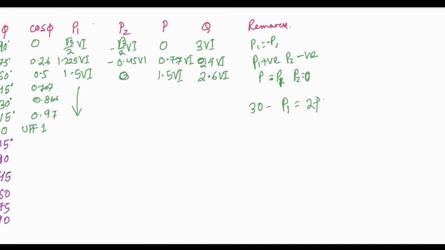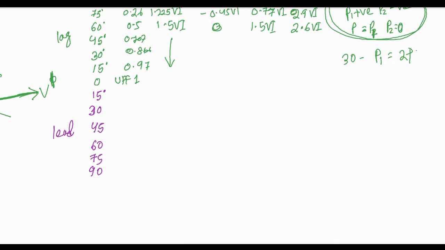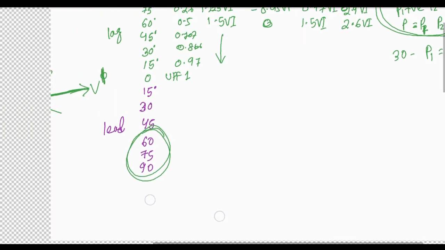So here from this point, from 60 degree, at 60 degree 1 wattmeter reading is 0, and then if we increase the load angle 1 wattmeter will start to show negative reading, and this same thing will occur in case of leading load also for the angle above 60 degree.